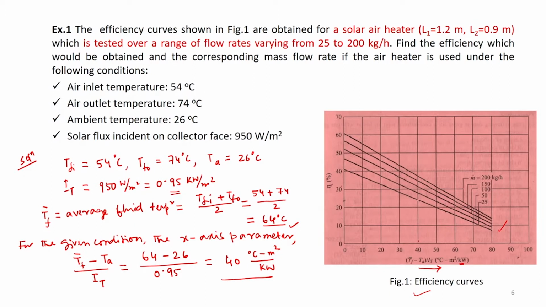So, 40 it will go here and cut here. If we draw a line something like this, we can find the corresponding value of the instantaneous efficiency. So, now let us do the calculation.